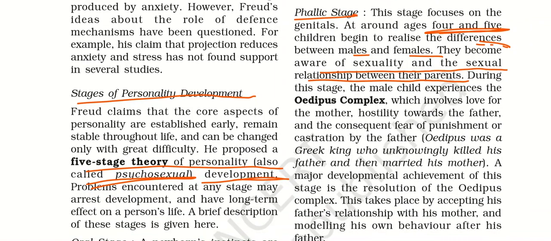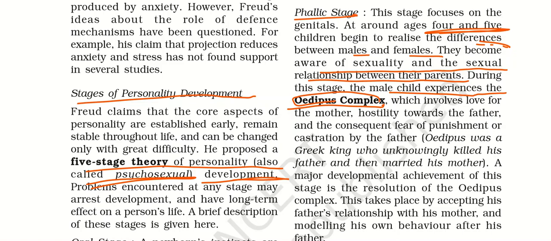During this stage, the male child experiences the Oedipus complex, which involves love for the mother and hostility towards the father. This was derived from the Greek king Oedipus, who unknowingly killed his father and then married his mother. This term is derived from there.